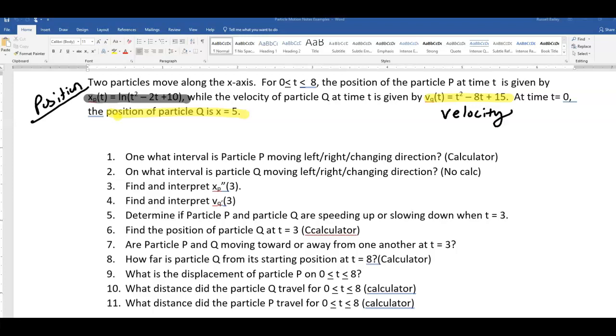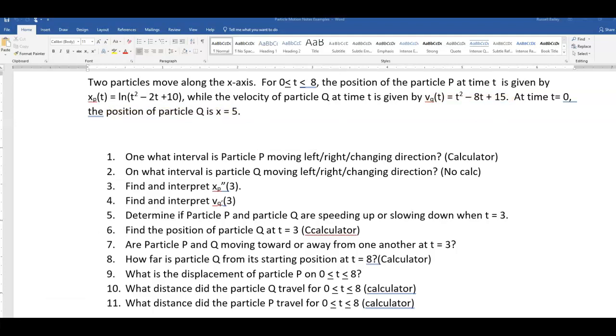And so that is an initial condition, or you could call it a starting point, if you will. All right, so that's what we want to understand before we even begin. Let's go ahead and jump into question number 1.